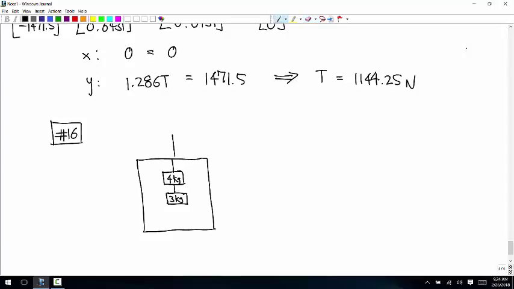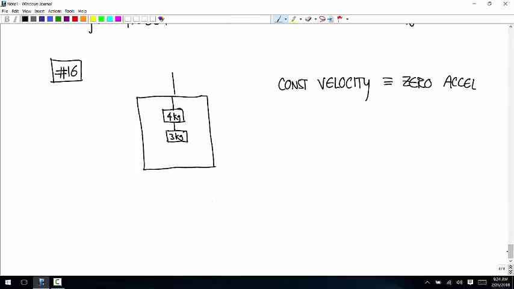So remember, constant velocity means 0 acceleration. Okay, so let's say we want to calculate the, first, what's the force vector the top cable applies to the 4 kilogram? So a free body diagram of both of these.